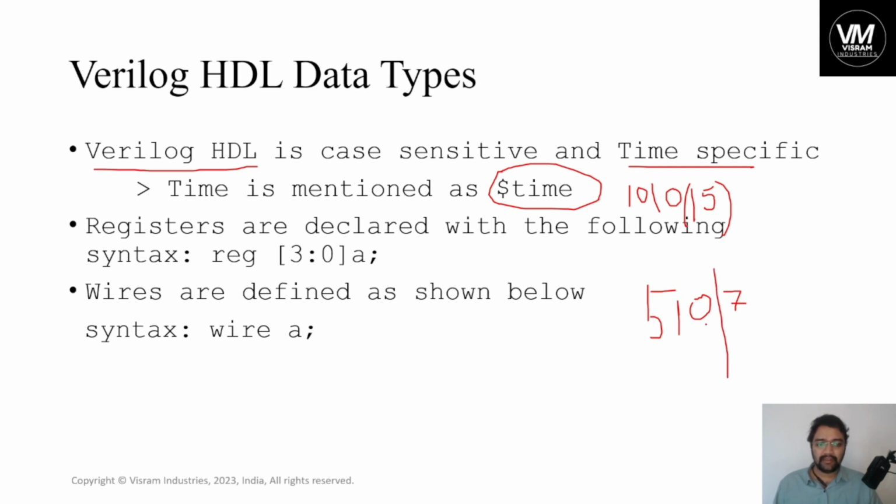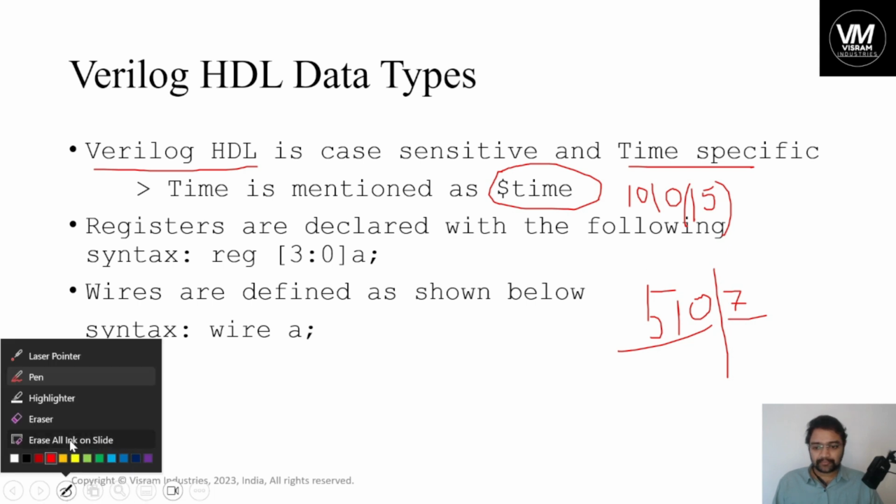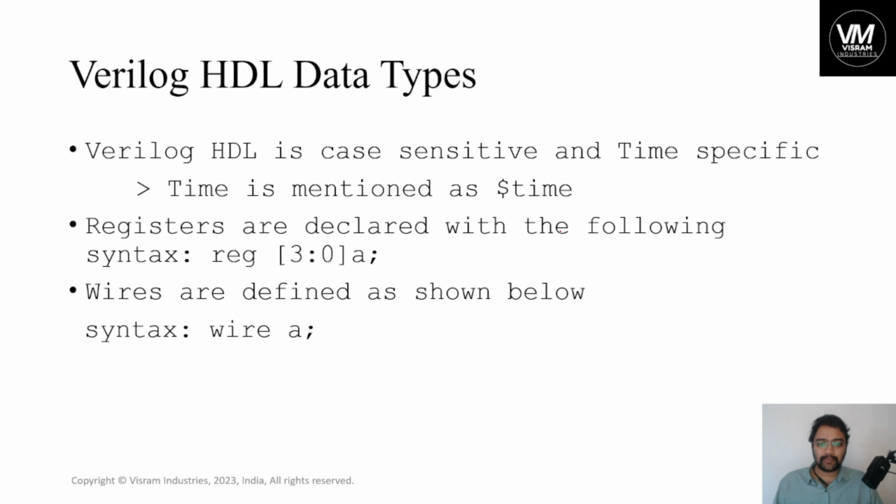These are not the same: one is $time and the other is the counter output. Likewise, we have seen it in the following way. We need to specify $time in this way. Remember these as they are. To mention time, we need to mention $time.